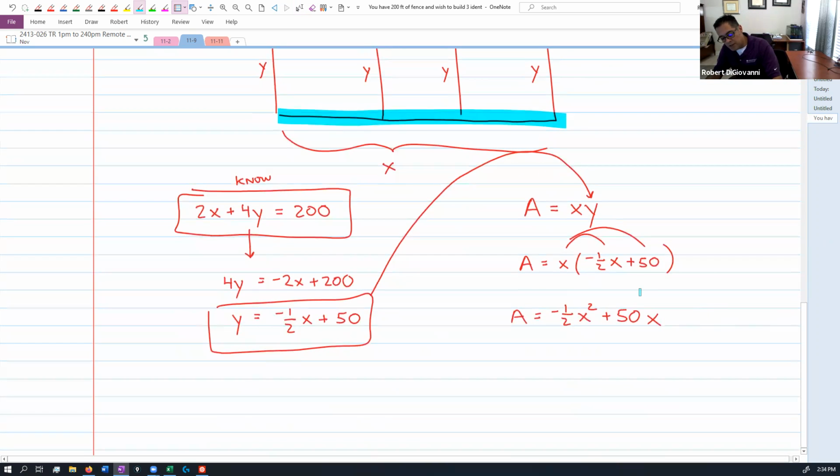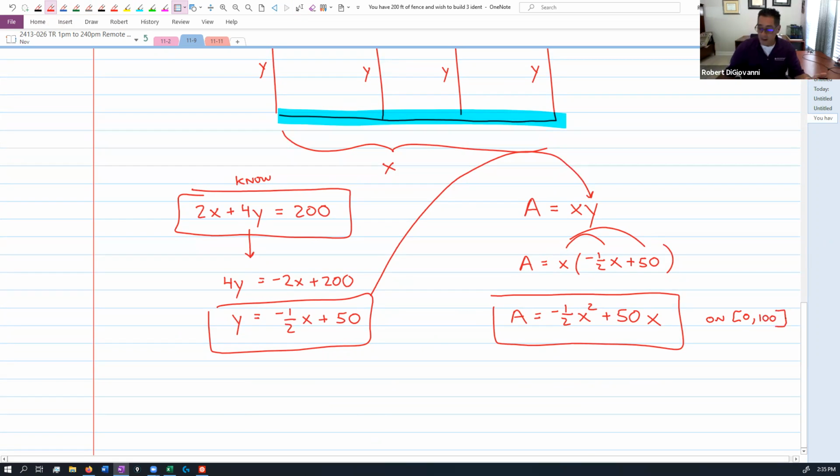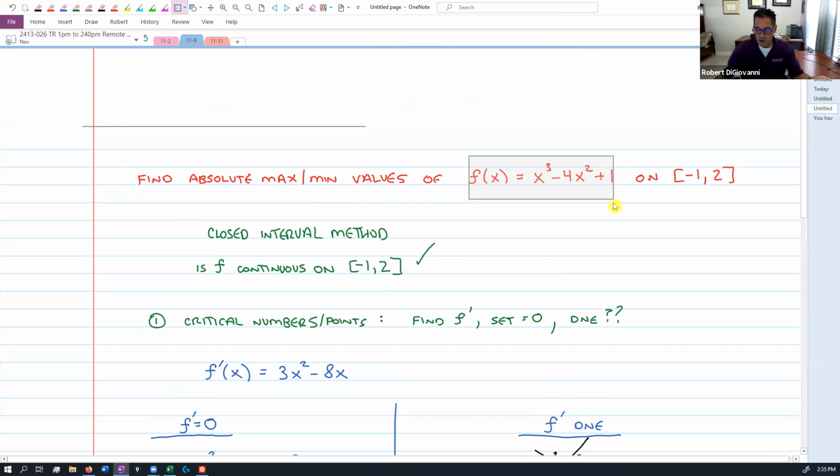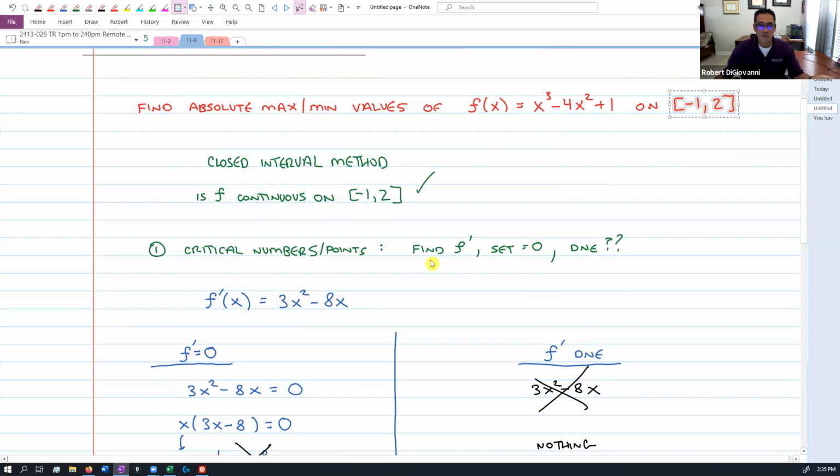So what we're doing is we're saying we look at this area function and we just look at it on the interval 0 to 100. Don't we exactly have now, like the previous problem we just did? Didn't I give you just a second ago a polynomial function on a closed interval and ask you to find its biggest and smallest values?